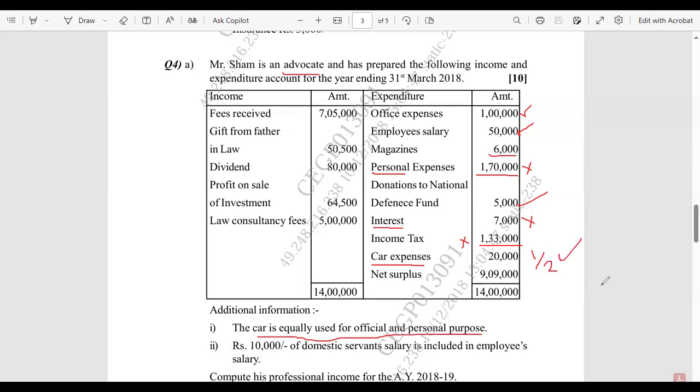So half will be allowed and the half part which is for personal purpose will not be allowed. Then last, rupees 10,000, a domestic servant salary included in employee salary. So I need to adjust this 50,000 for this amount of 10,000. I'll be only allowed 40,000 and 10,000 not allowed.